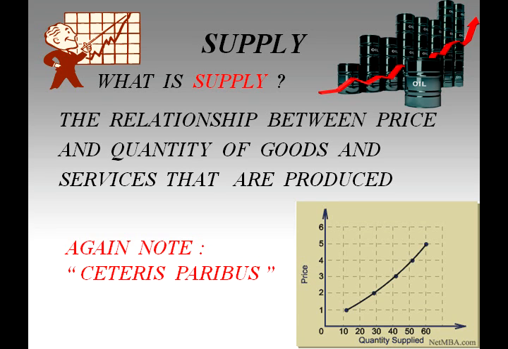It looks the opposite, if you will, of a demand curve. Where a demand curve slopes downward from left to right, a supply curve slopes upward from left to right. So it's the opposite. Also note here that what gets supplied to a market is really the opposite of what is demanded. For example, going back to the demand chapter, we know that the higher the price for a good or service, the lower the quantity that is demanded.